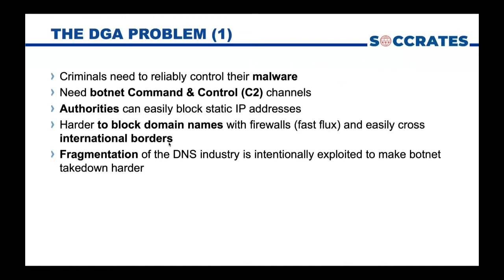And a lot of things make it difficult to fight these kinds of botnets. One of them is the fragmentation of the DNS industry across the world. Every registry and registrar operates in its own different way and reacts differently to attempts to take down malicious infrastructure hosted via their domain names.